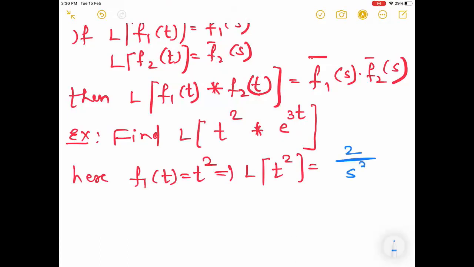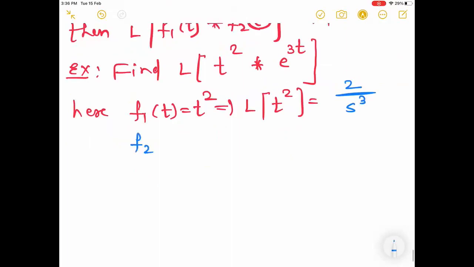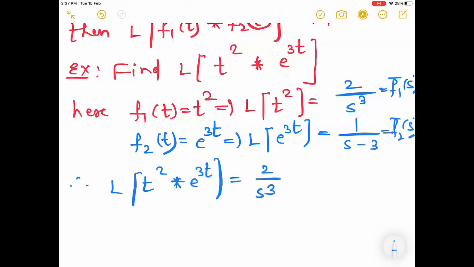Correct. The previous example we have done this way. Similarly, f2(t) is e raised to 3t. What is its transform? 1 upon s minus 3. So this is your f1 bar(s), this is your f2 bar(s), and therefore when you do the convolution, t square star e raised to 3t is nothing but 2 upon s cube into 1 upon s minus 3.